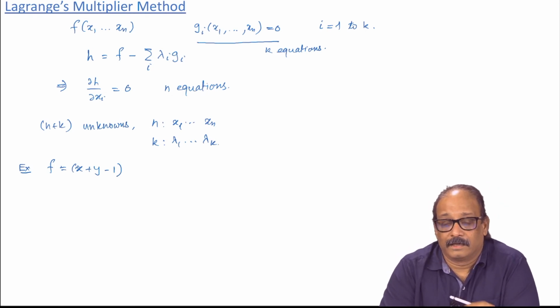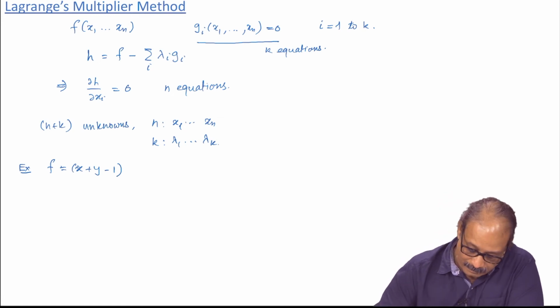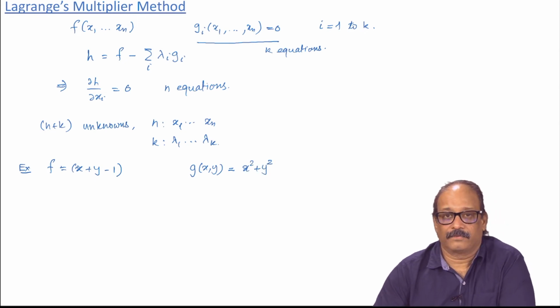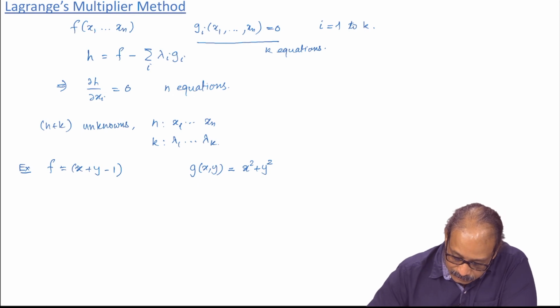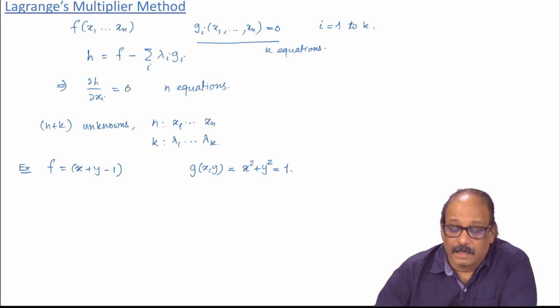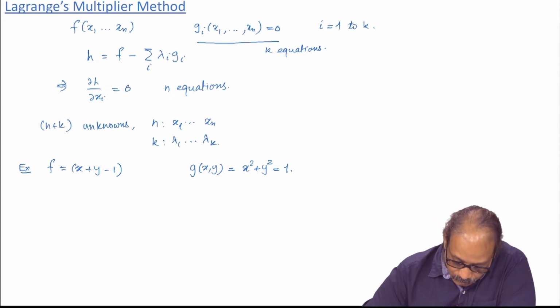Okay, this is the function we want to minimize, and the constraint is g, a function of x and y, which is x square plus y square is equal to, I will put it as 1. Okay. Now, I will of course ask you to solve this problem, but I am going to show you what will happen in this case.